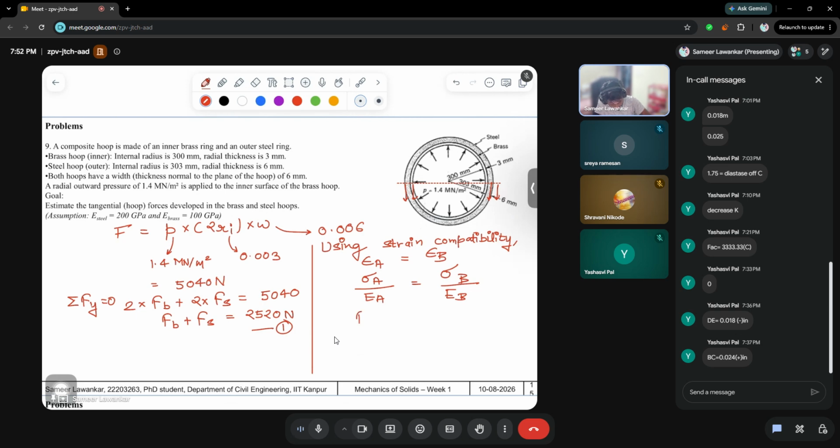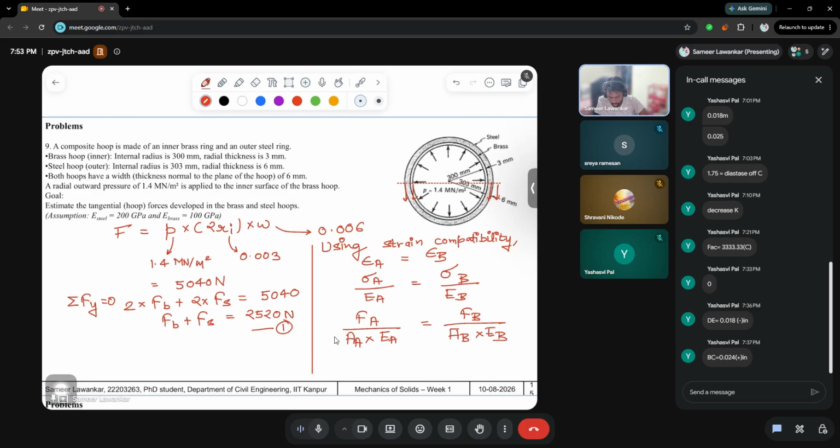So it is nothing but FA upon AA into EA is equal to FB upon AB into EB. EA, EB is given to you. FA, FB is unknown to us. Area can be calculated simply using internal radius and width.